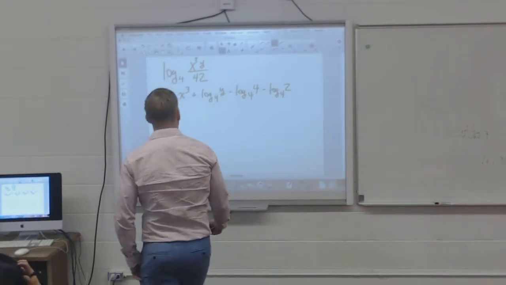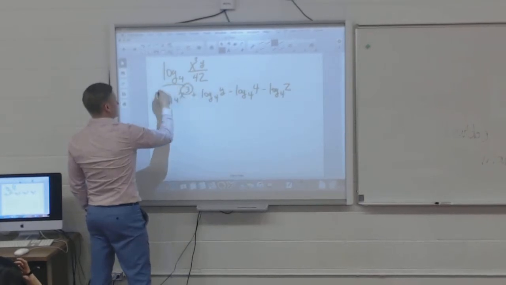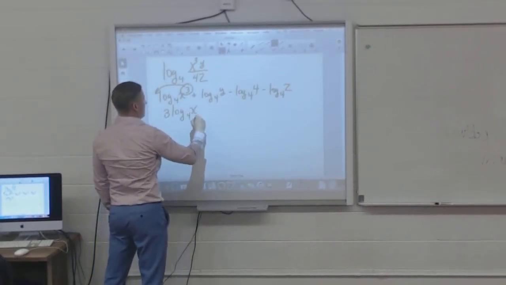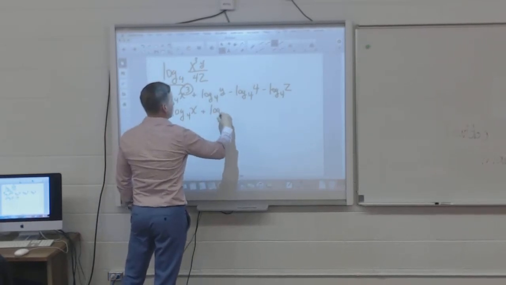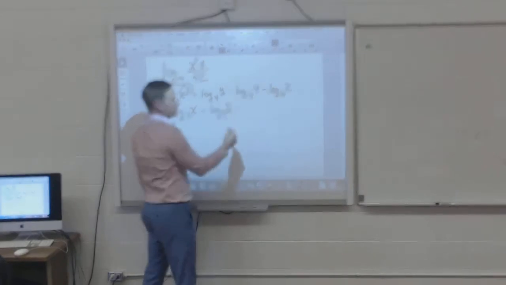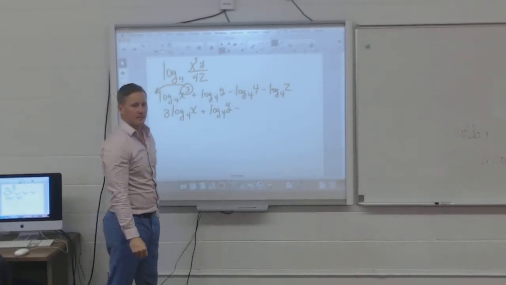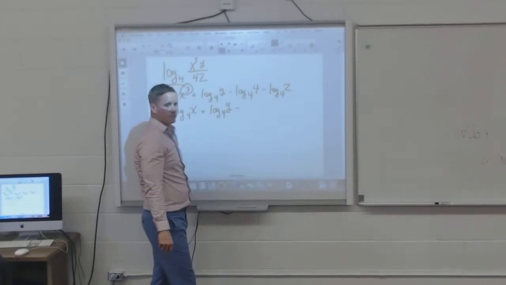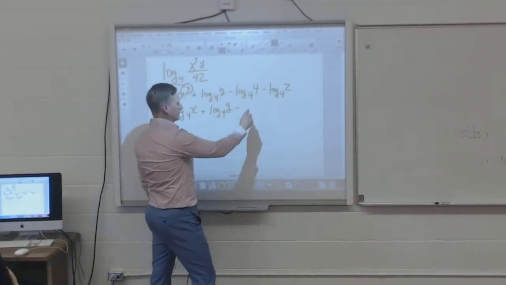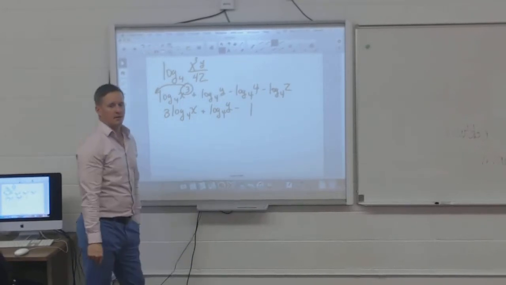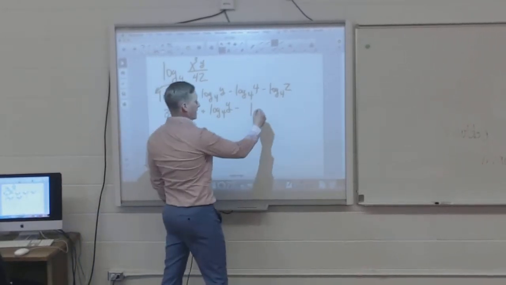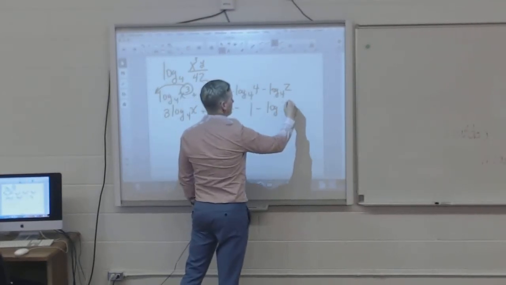So I got to take this, move it to here. 3 log x base 4 plus the log of y to the base 4 minus. What's the log of 4 to the base 4? 1. It's another one of our rules. Subtract log z to the base 4.